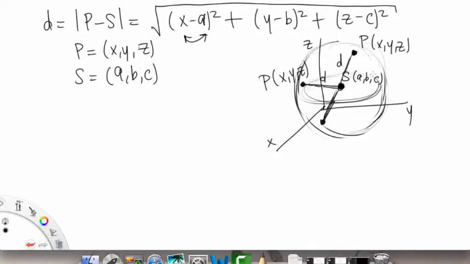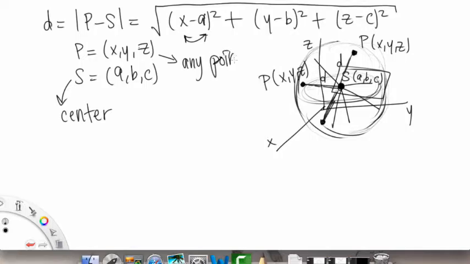If S is stationary and doesn't move, it will be the center of your sphere, and any other point that is the same distance away from S is going to be on the surface of your sphere. So S is the center of our sphere, and P, which is given by X, Y, Z, is any point on the sphere.